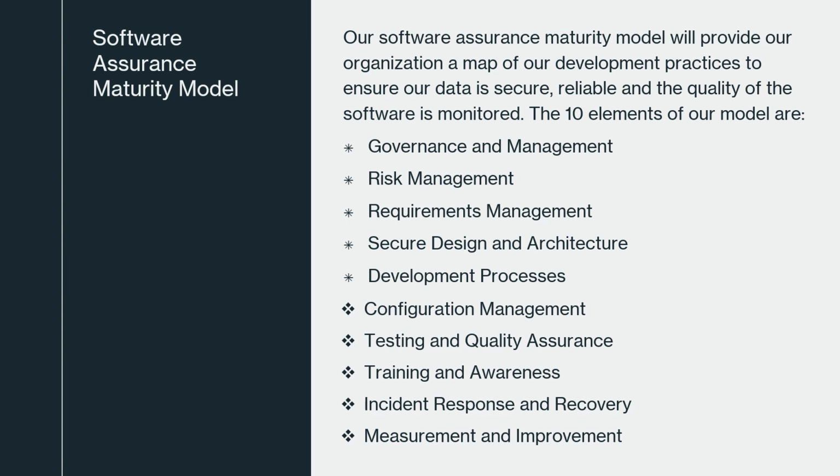The 10 elements to our model are governance and management, risk management, requirements management, secure design and architecture, development processes, configuration management, testing and quality assurance, training and awareness, incident response and recovery, and lastly, measurement and improvement.